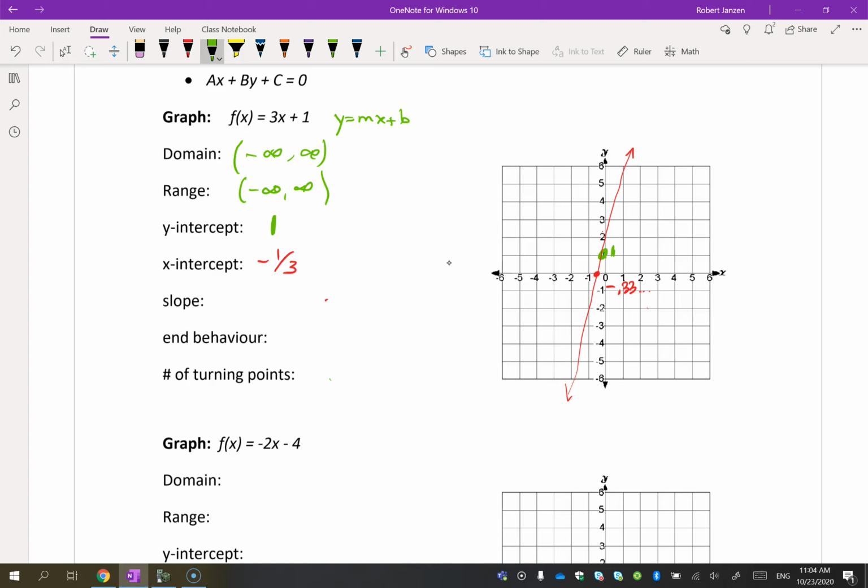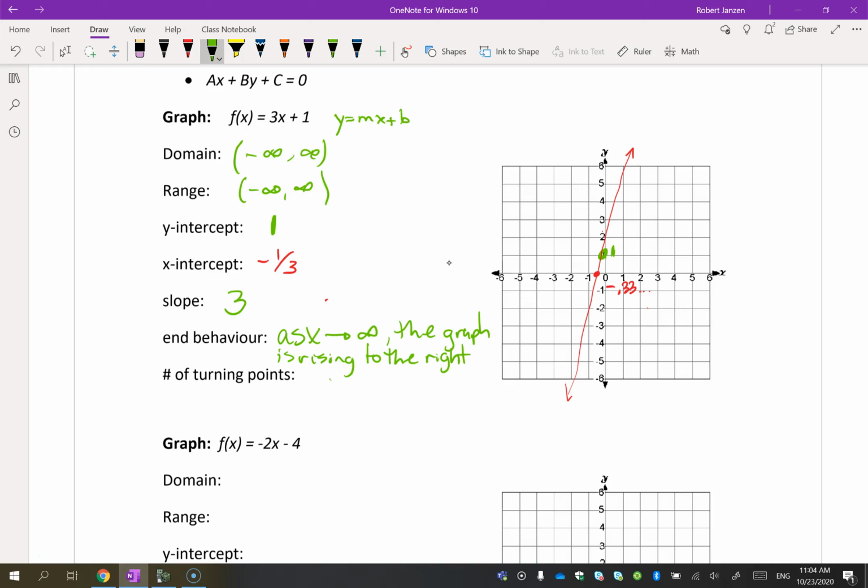Okay, what's the slope? The slope is the number in front of the x, so that's 3. What's the end behavior? All right, what's happening as x approaches infinity? We can say the graph is rising to the right.